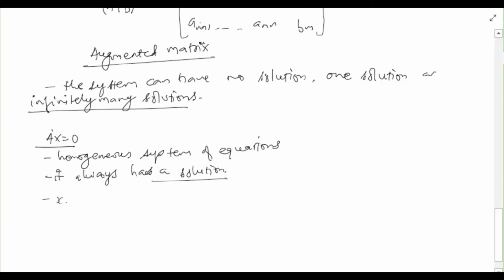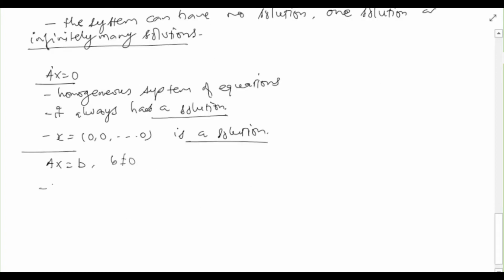In particular, x equal to all 0 vector itself is a solution. If b is not equal to 0, then the system of equations is called a non-homogeneous set of equations.